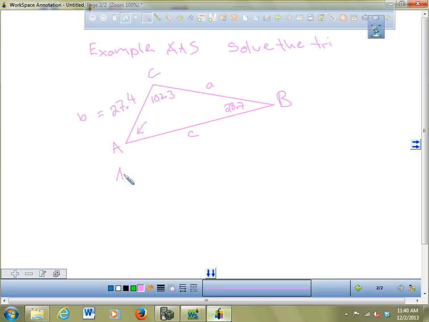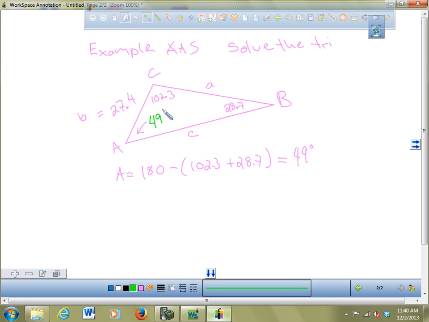So angle A is going to equal 180 minus 102.3 plus 28.7, and this comes out to be a nice even 49 degrees, I think. So the first thing you should probably do is find the angles that are missing.